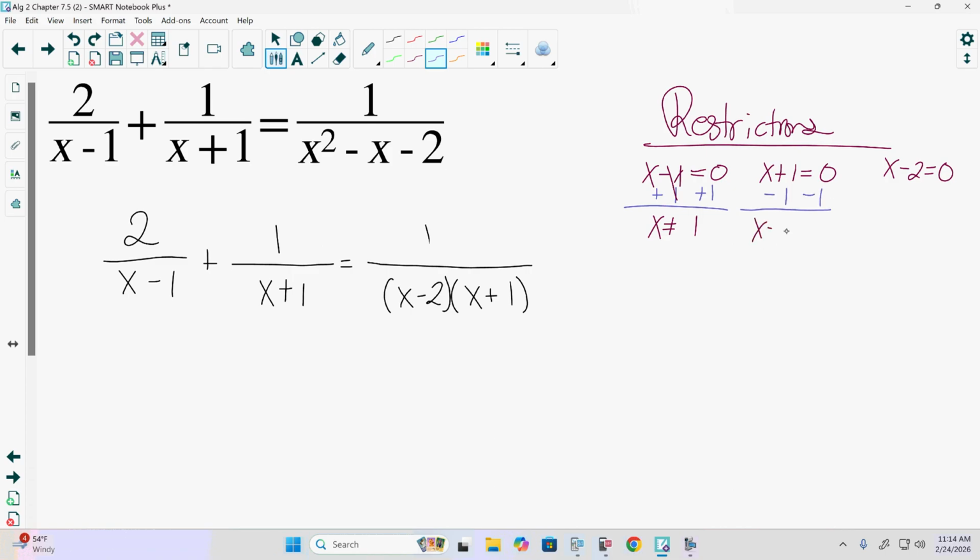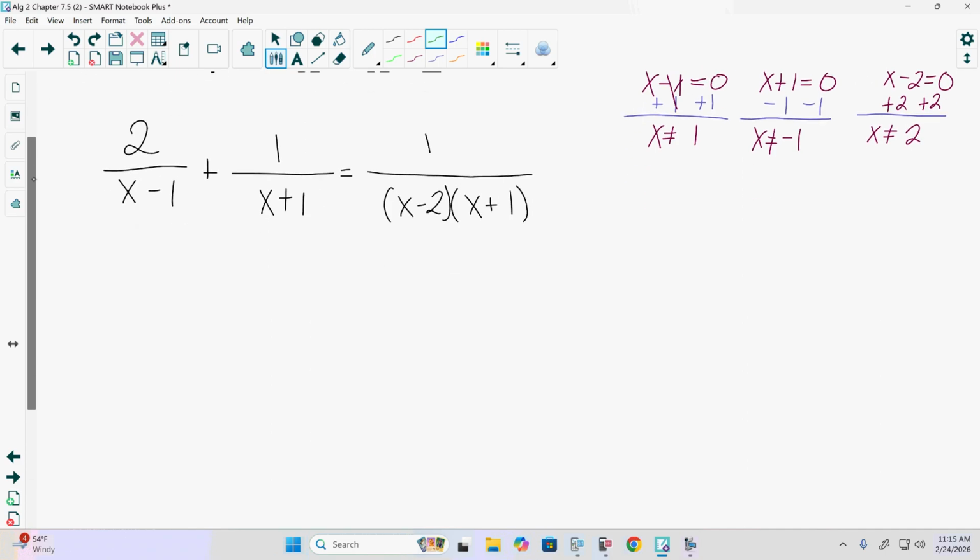Minus 1 telling us that X is equal to -1. We'd have a division of 0. So here X cannot be 1, -1, or 2. So literally the only thing we have to do to find it is write it out. Yeah, find what's going to make those be 0.